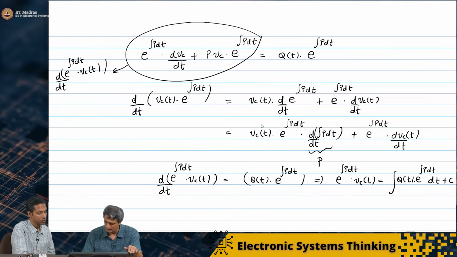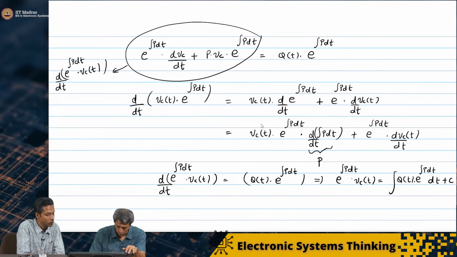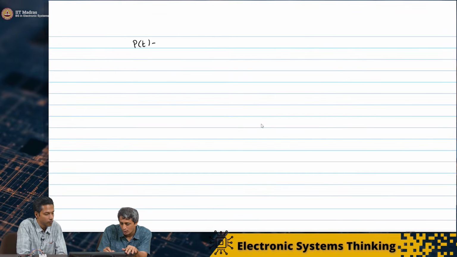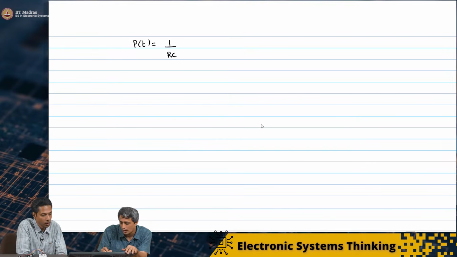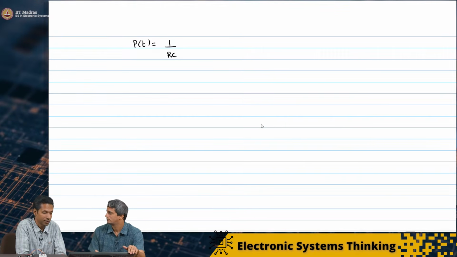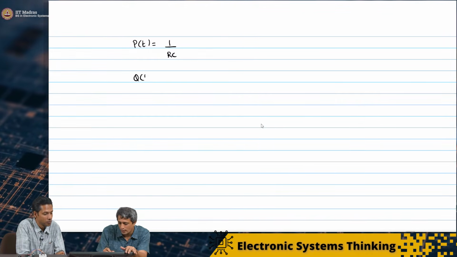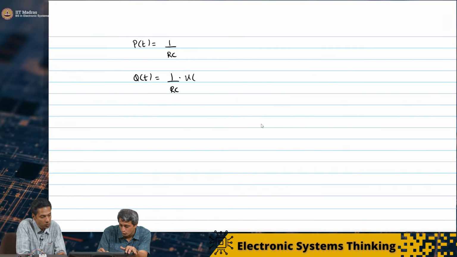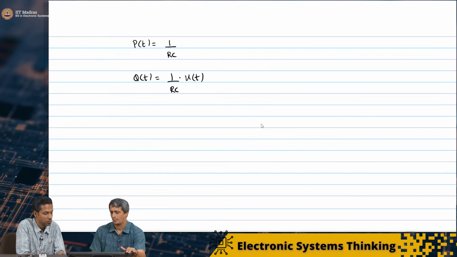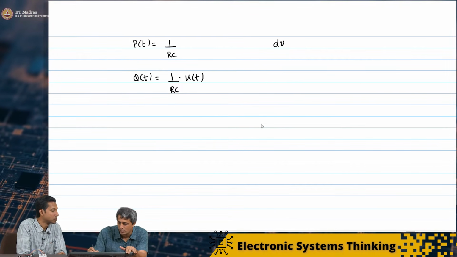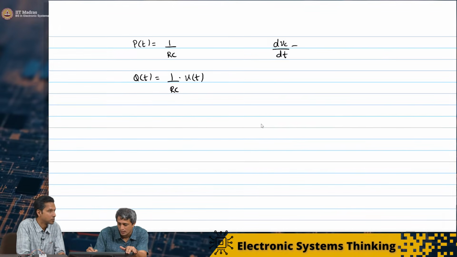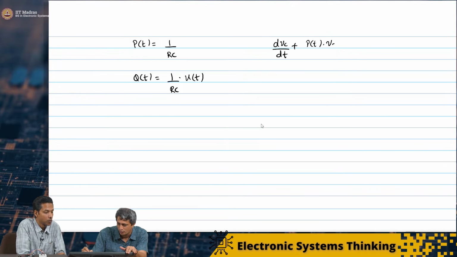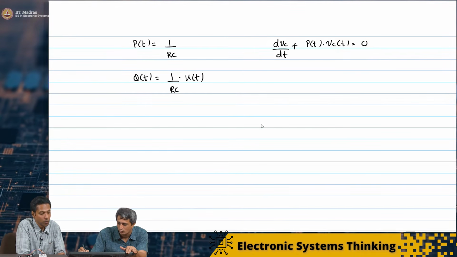So let's go back and look at what our p of t is. Our P of t was simply 1 over RC. It's a constant. Q of t is 1 over RC into U of t, the unit step function. The equation we had was dVc by dt plus P of t into Vc of t equal to Q of t.